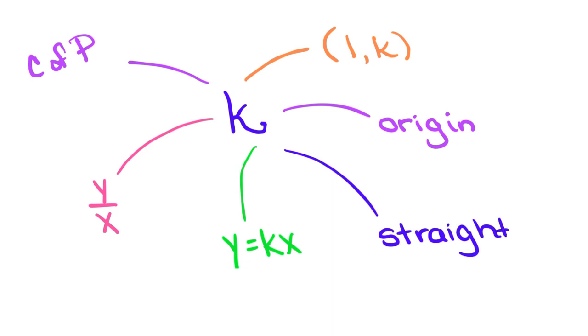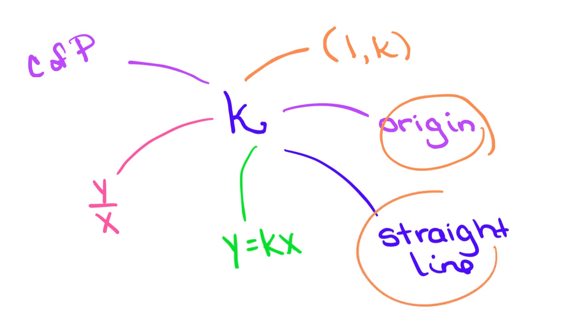Now, I want us to focus on the graph. We have the origin, which is 0, 0. Every time we looked at our graph, if it was proportional, it ran through 0, 0, and it had to be a straight line. We good with that? I think we've beaten this into everybody's head pretty good.